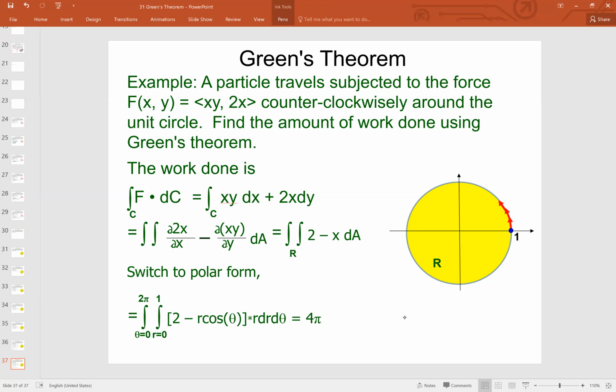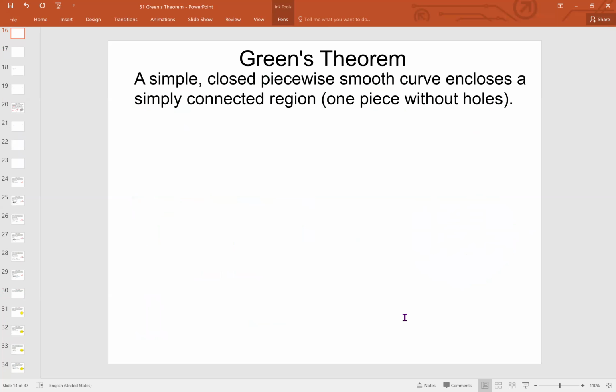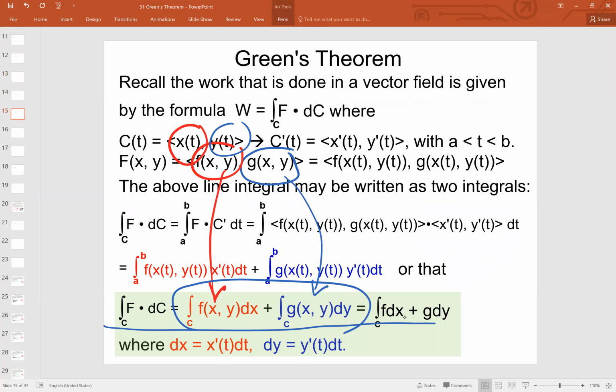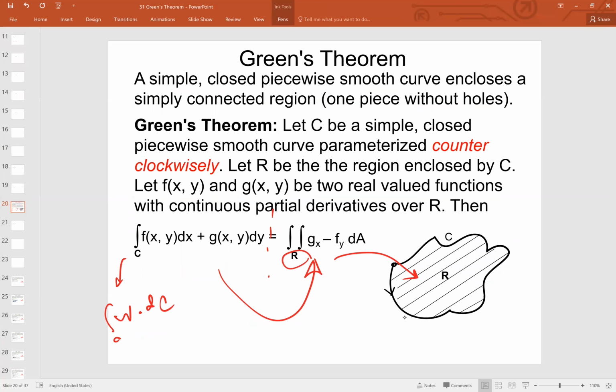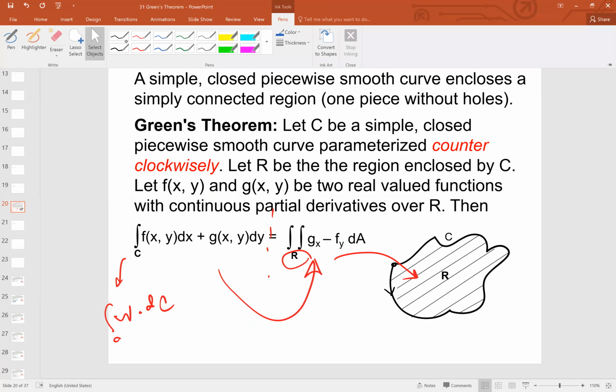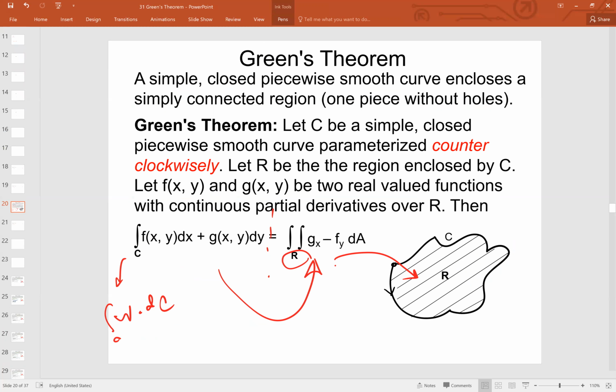One more thing about Green's theorem: if our field is conservative, then this is zero. In fact, that's a check for whether a field is conservative or not. We check the difference in the mixed partials.